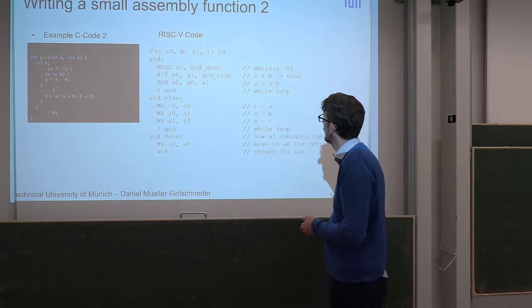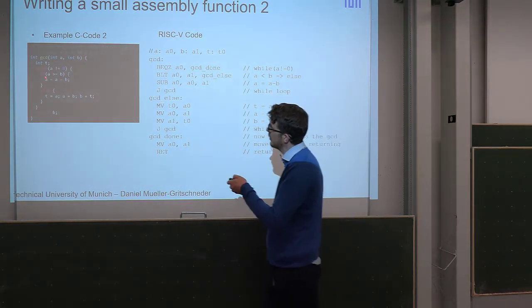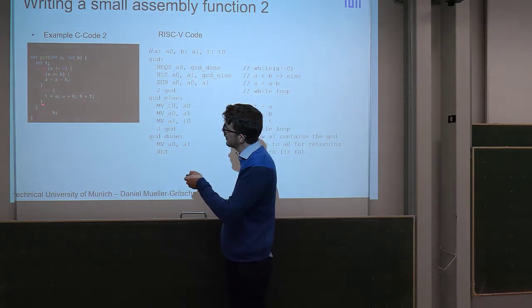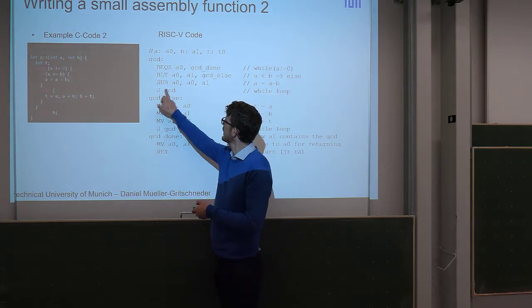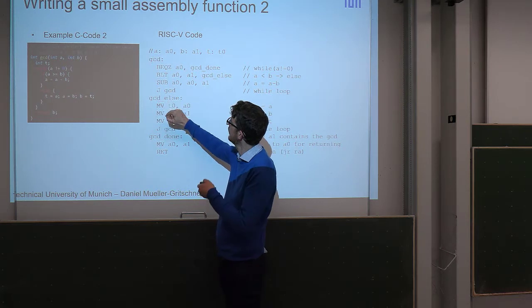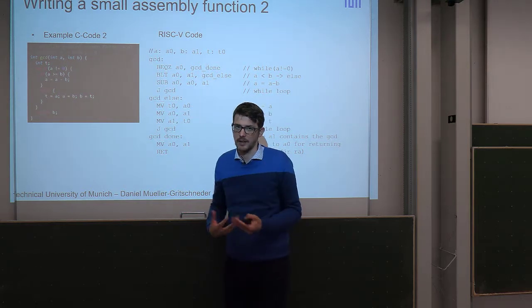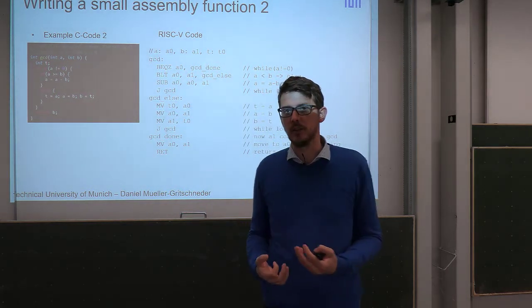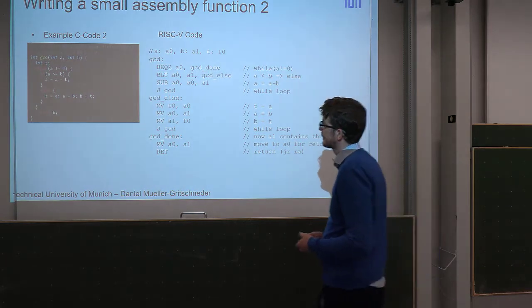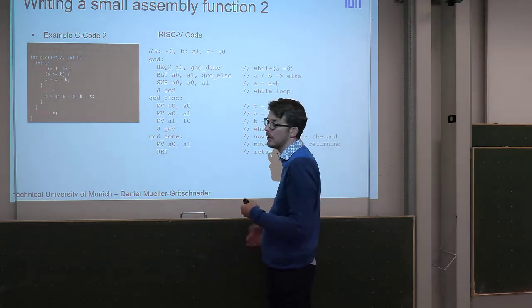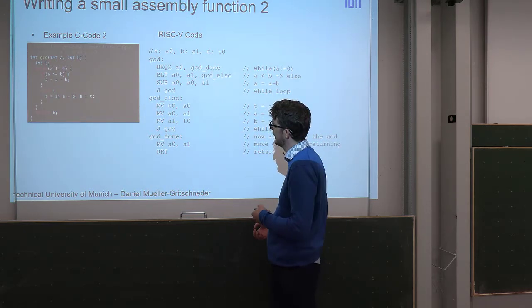And then, actually, you jump back to the head of the while loop. And since the while loop is the first thing you have in the function, you can just jump back to the function start, which is also the head of your while loop. Otherwise, if there would be some setup before the while loop, you would also have to have a GCD loop symbol somewhere, right? But here we don't need that.